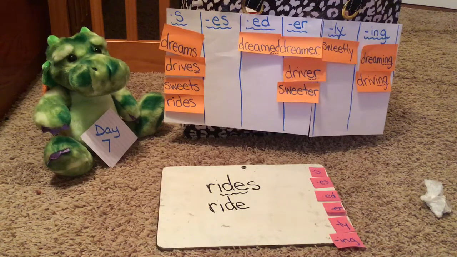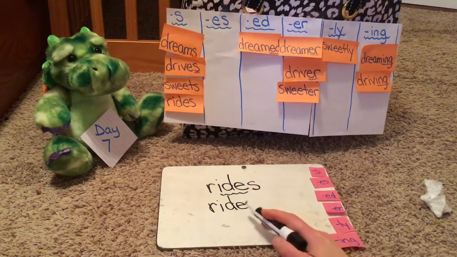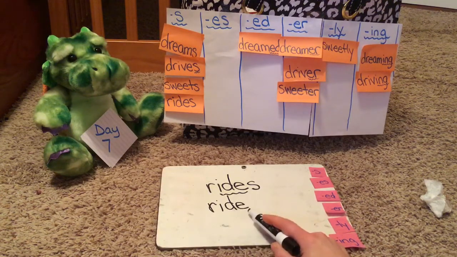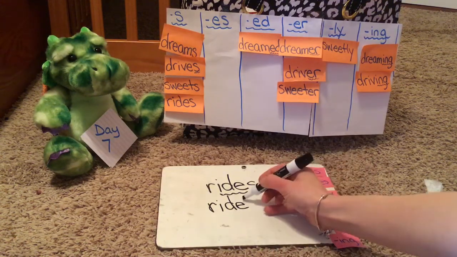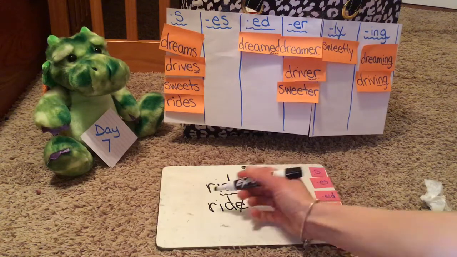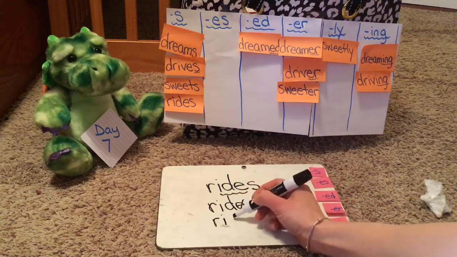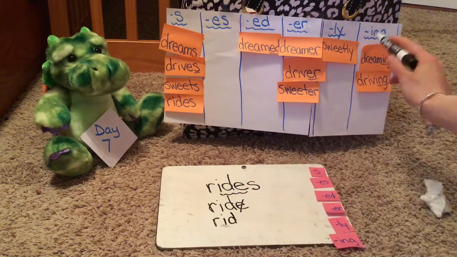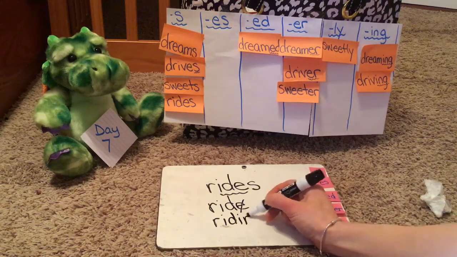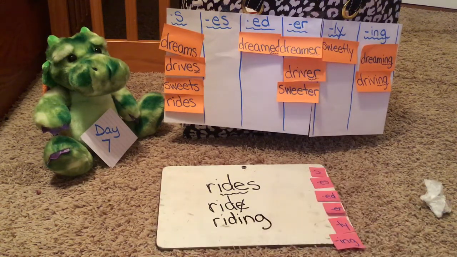I'll give you a minute to try it. Okay, riding. This ride ends in a vowel. So what I need to do, remember, you have to drop that E, and then you add your ending, because this starts with a vowel. I don't want those two together. And now I have the word riding.